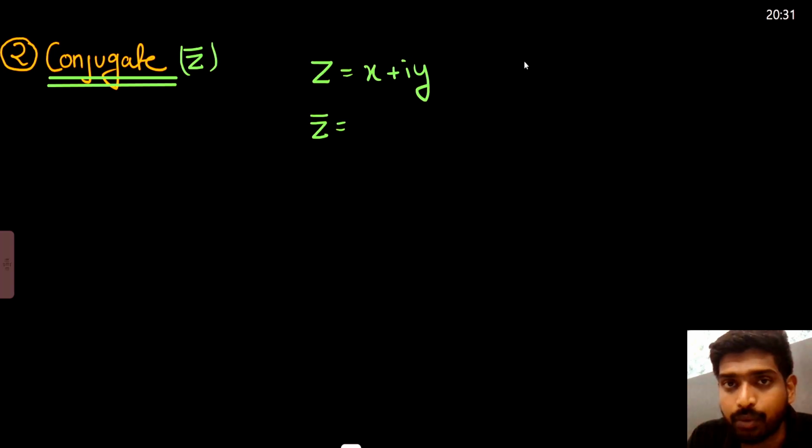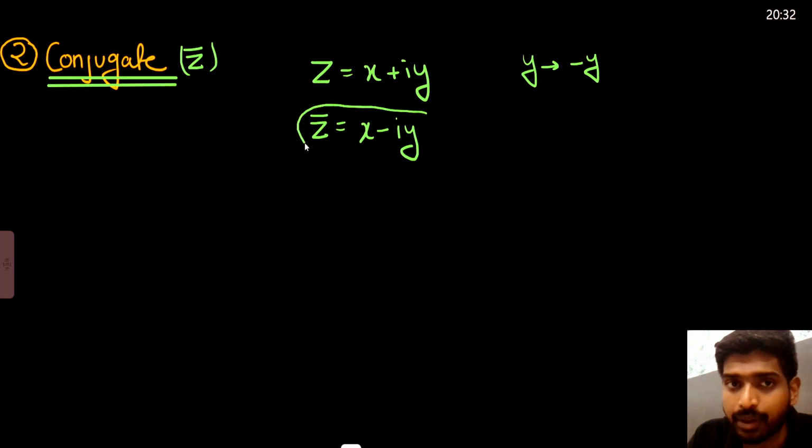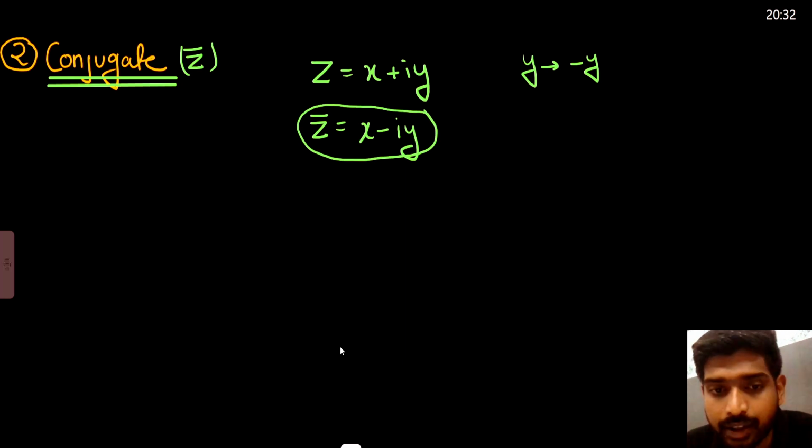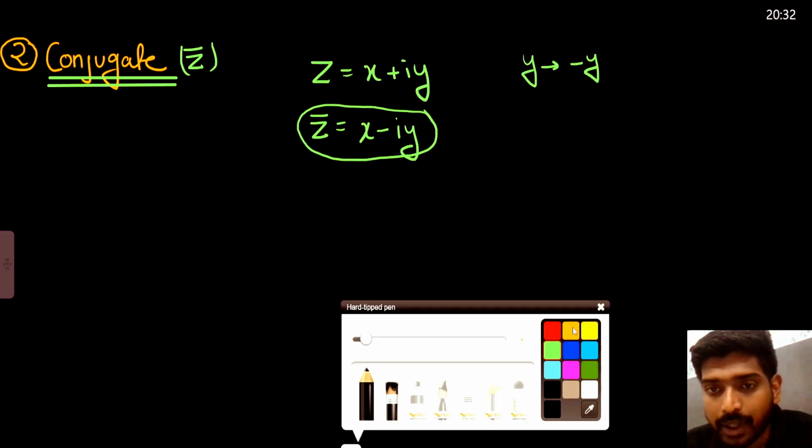What is the imaginary part here? y. So y's sign will change. y we will change to minus y. So what I'll get here is x minus iota y. This is the conjugate of the complex number z.